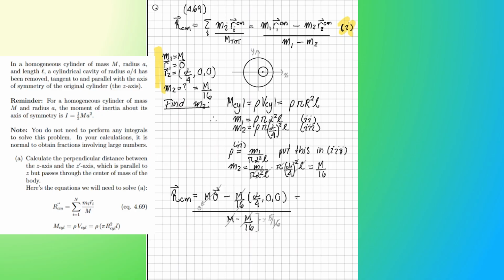So we have the vector position of the center of mass relative to our frame of reference. This is alpha divided by 4 multiplied by 15, which is 60, in the x direction, and in the y and z direction is just 0.